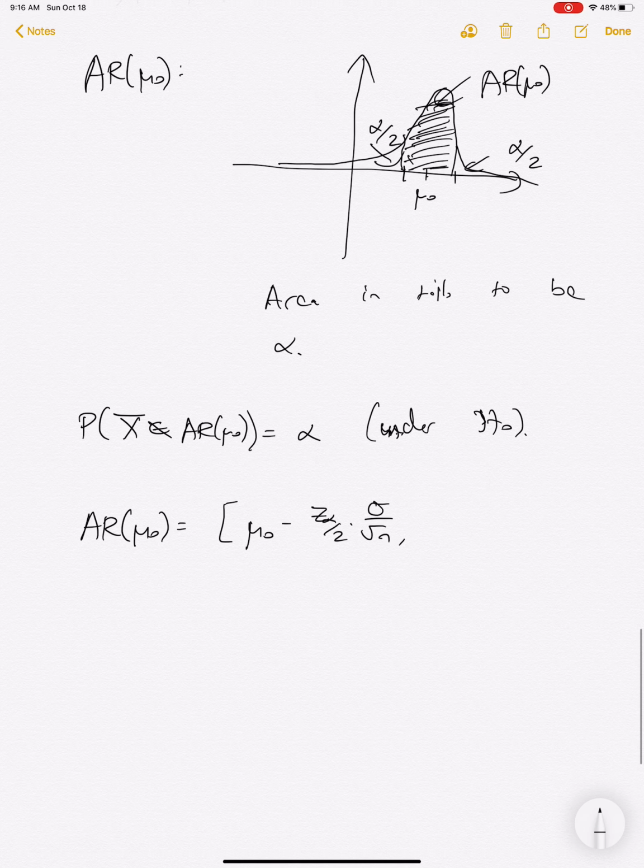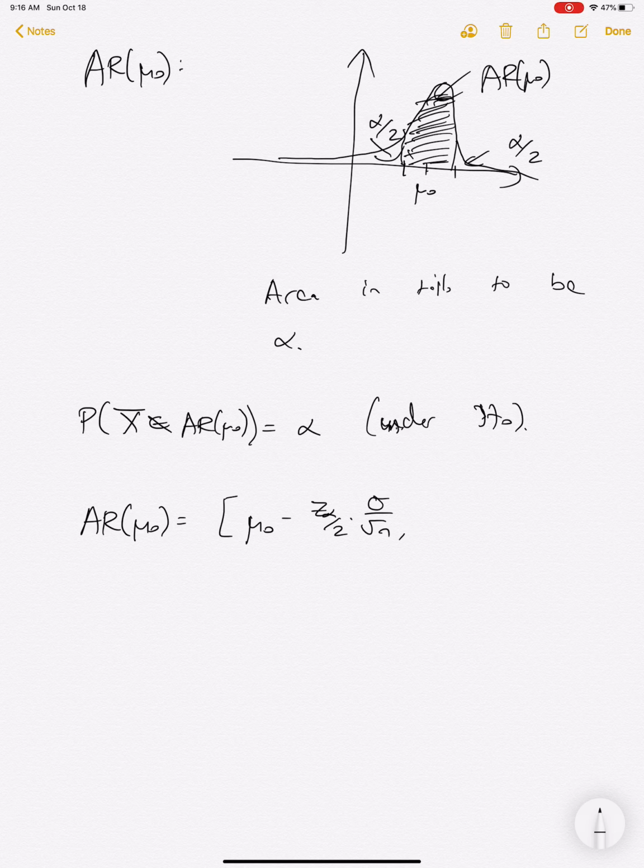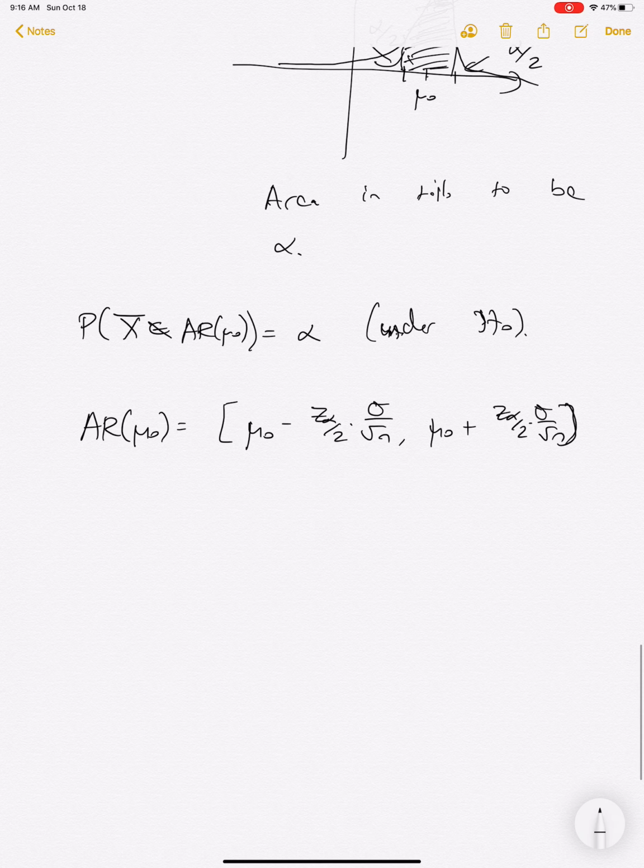The reason why this is the case is that we know that under H0, X bar is normal with mean mu naught and variance sigma squared over n.